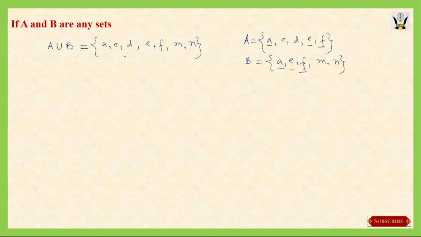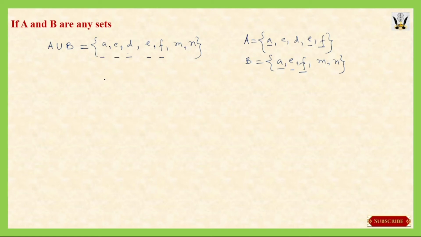If we evaluate the elements of this resultant set, it has these elements A, C, D, E and F. And set A also has these 5 elements A, C, D, E, F. So A has these 5 elements, and A union B, that resultant set, also has these 5 elements, and along with them it has a few more elements also.